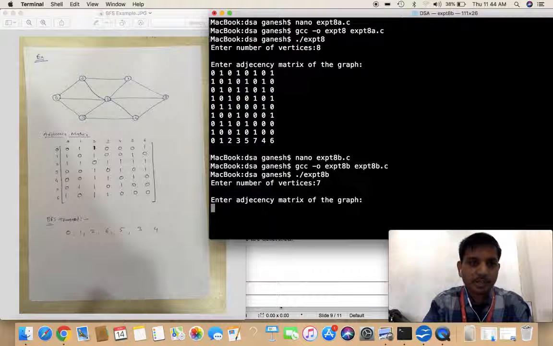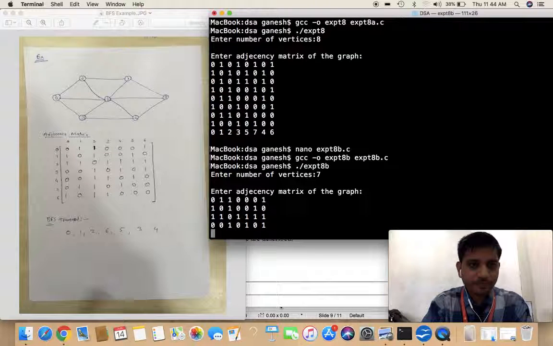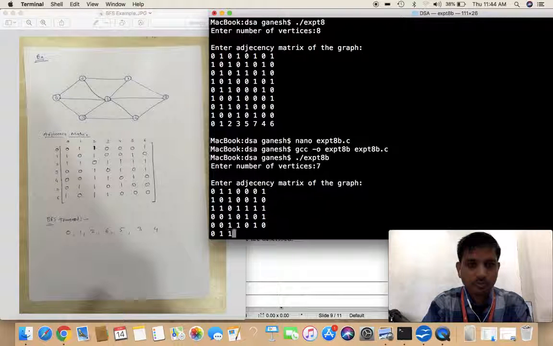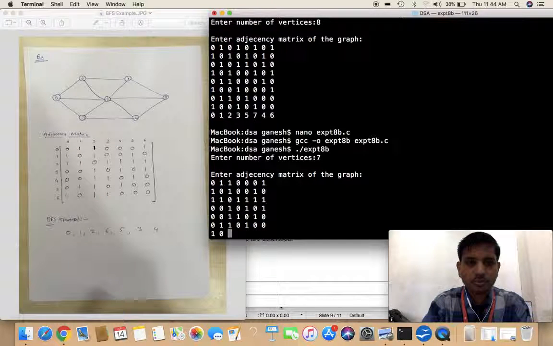The adjacency matrix is 0 1 1 0 0 0 1, then 1 0 1 0 0 1 0, then 1 1 0 1 1 1 1, then 0 0 1 0 1 0 1, then 0 0 1 1 0 1 0, then 0 1 1 0 1 0 0, then 1 0 1 1 0 0 0.